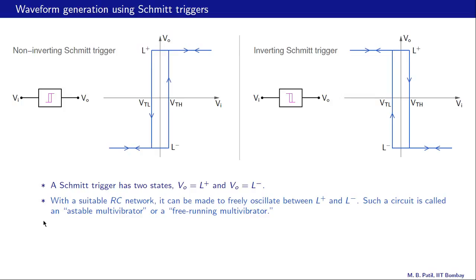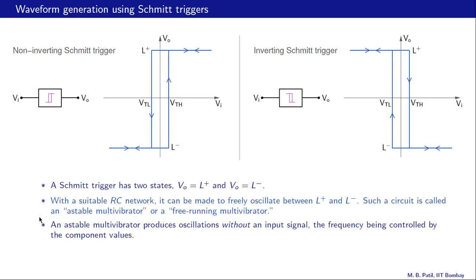With a suitable RC network connected to this Schmitt trigger, it can be made to freely oscillate between these two levels, L plus and L minus, and such a circuit is called an astable multivibrator or a free running multivibrator. An astable multivibrator produces oscillations without an input signal, the frequency being controlled by the component values such as resistance or capacitance.